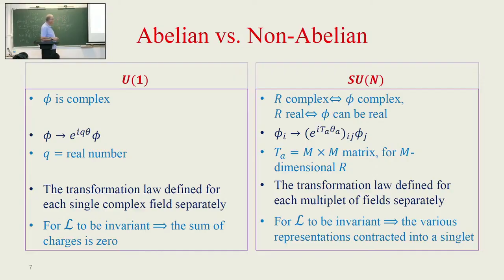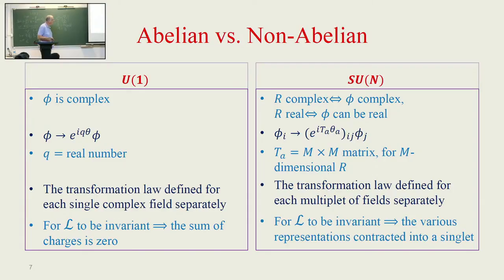The transformation law for SU(N) symmetries looks like this, with TA the N squared minus 1 generators of the group. I runs from 1 to the dimension of the representation in which phi is; for a triplet, I runs from 1 to 3, and the TA are m by m matrices for an m-dimensional representation.